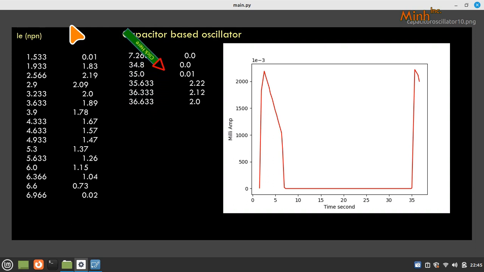So this is IE, that is the NPN transistor, and these are the readings we found. From the graph we can see the IE. So this is when the transistor comes into conduction. The transistor comes into conduction while at the same time the capacitor is discharging.